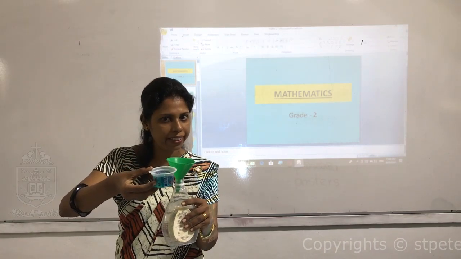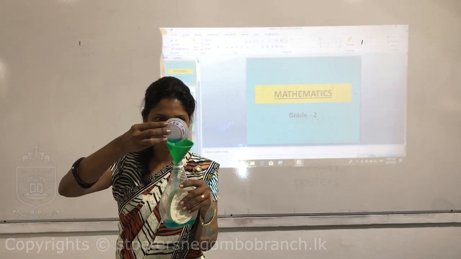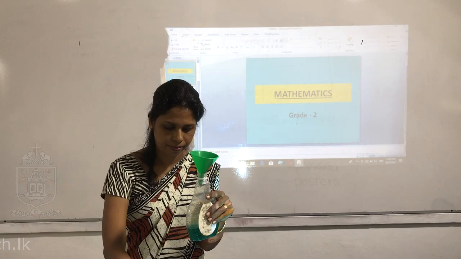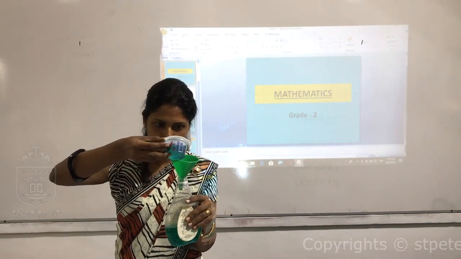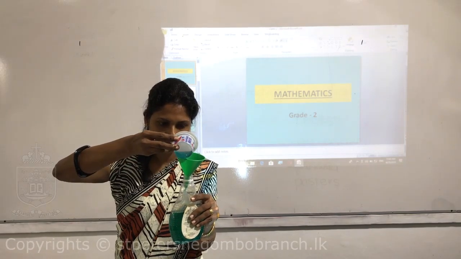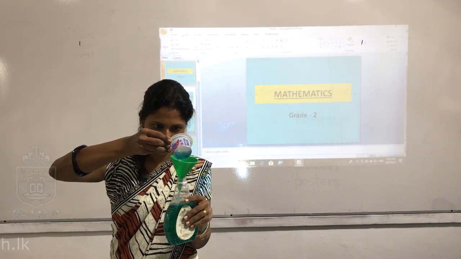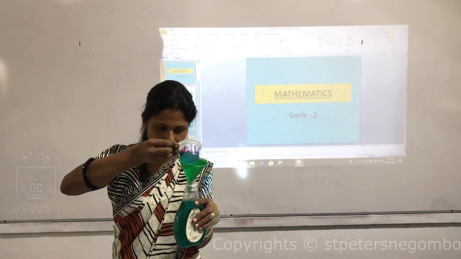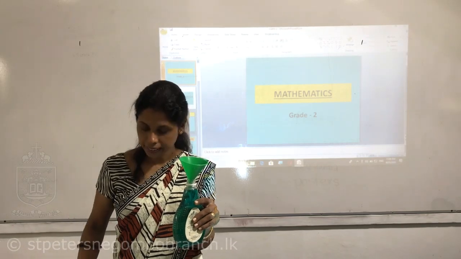Now we are going to count how many yogurt cups I need to fill this bottle. 1, 2, 3, 4, 5, 6, 7 cups.